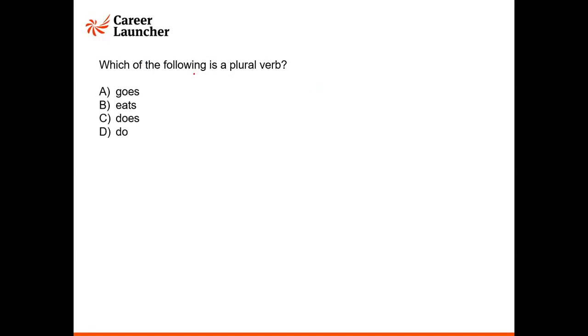All right. So here some people are going for "does," "eats," and all. Let me tell you guys, a verb that ends with an S is going to be singular. Therefore, "goes," "eats," "does" are all singular. "Do" is the only plural verb out here. Therefore, not true. Are we clear here, everyone?